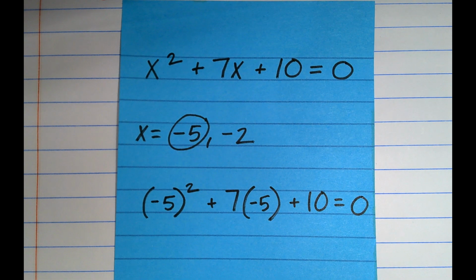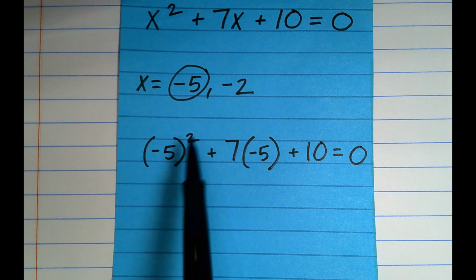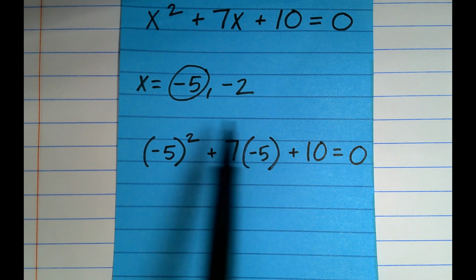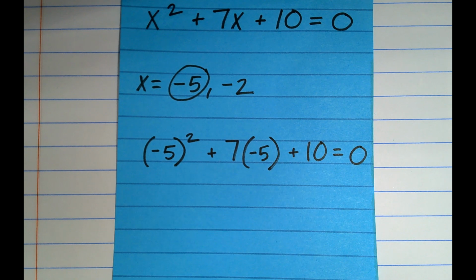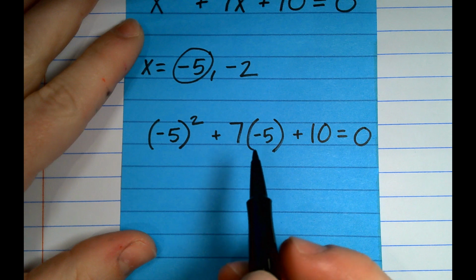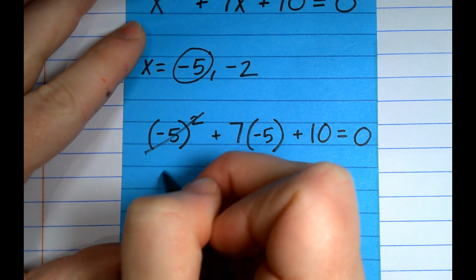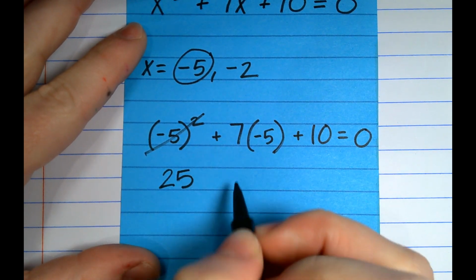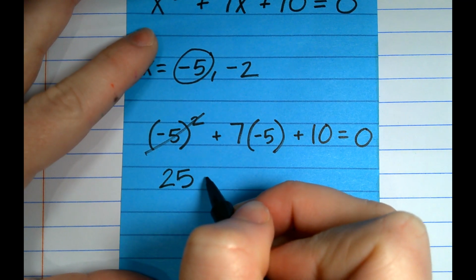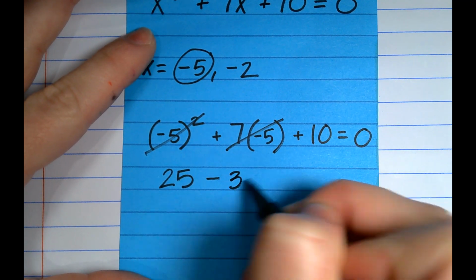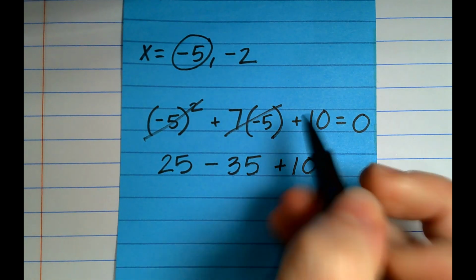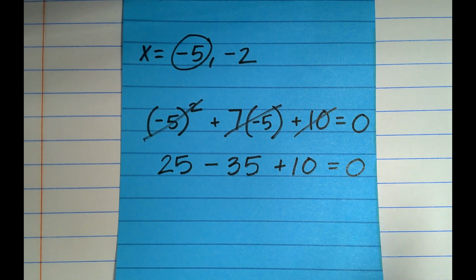If we solved our problem correctly, then when I do negative 5 squared plus 7 times negative 5 plus 10, I will get an answer of 0. So let's see. Negative 5 times negative 5, what is that? 25. Plus, what is 7 times negative 5? Negative 35. Plus 10. Okay. Should be equal to 0.